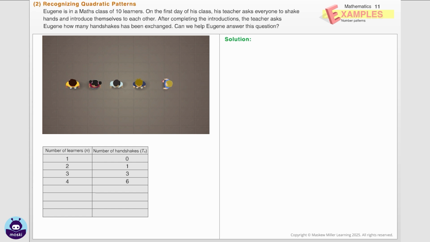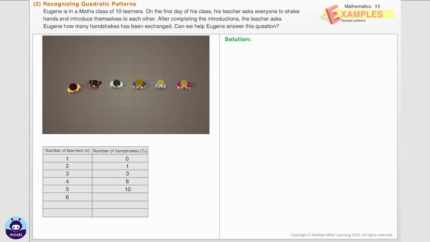When the fifth learner joins, the total number of handshakes increases to 10.